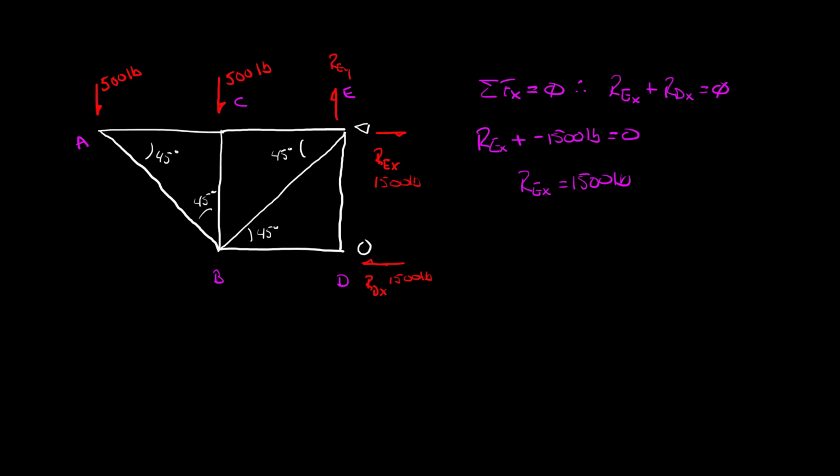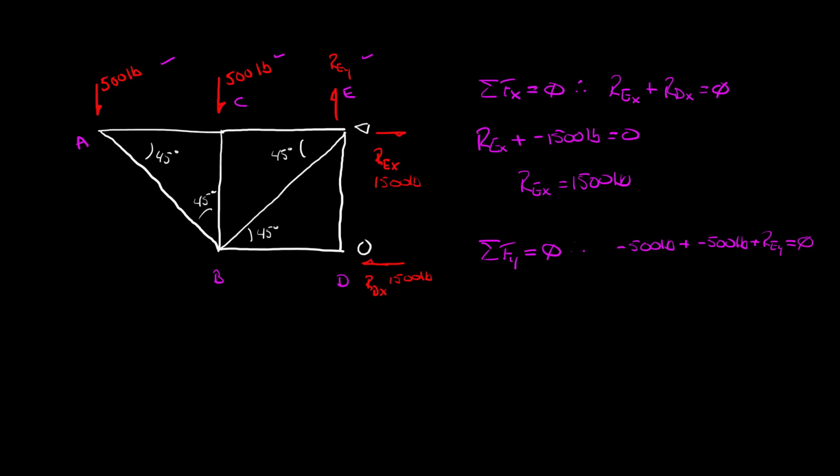And the next step, I can say the summation of all the forces externally acting on the body in the y direction also has to equal 0. So what do I have in the y direction? I've got REY, 500 down, 500 down. So therefore I can say a minus 500 pounds, that's acting at A, plus a minus 500 pounds, that is acting at C, plus a positive REY, because it's up, has to equal 0.